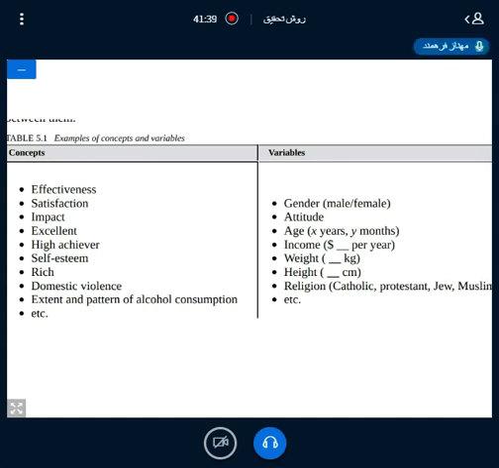And then religion, for example Catholic, Protestant, Jew, Muslim, and so on, are variables too. So in this table, you can see concepts and different variables that exist in research.